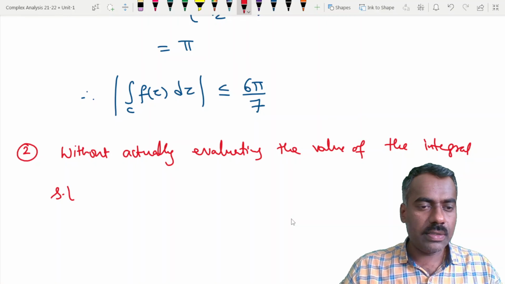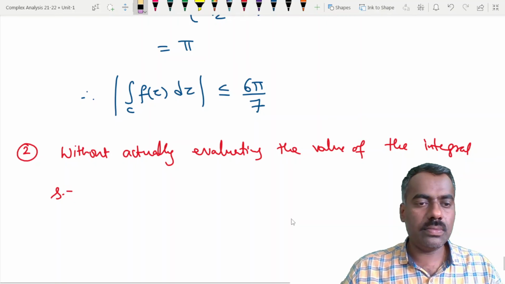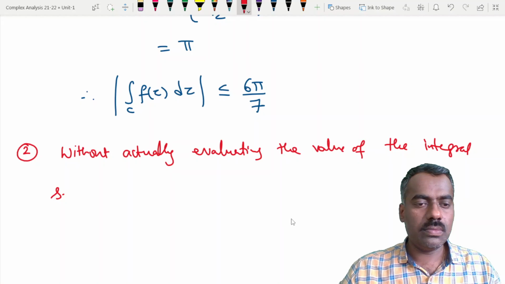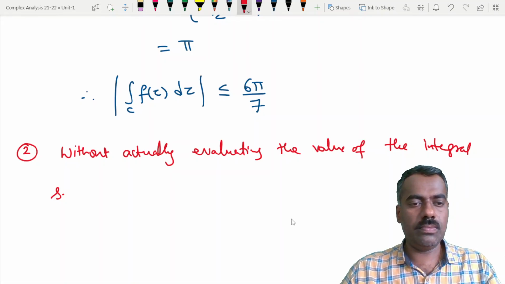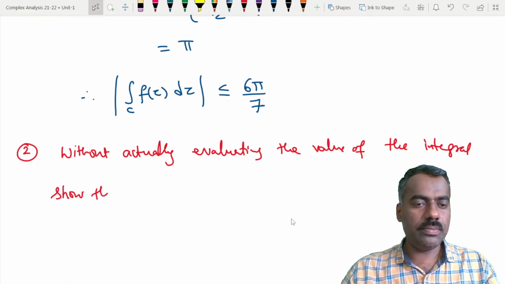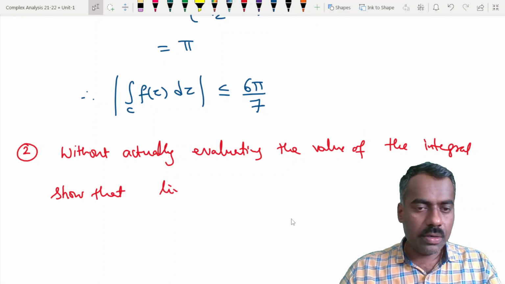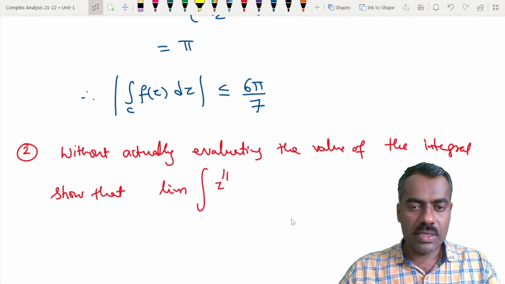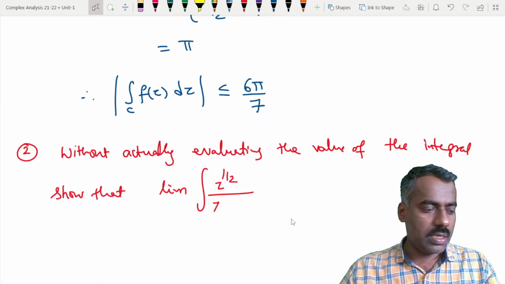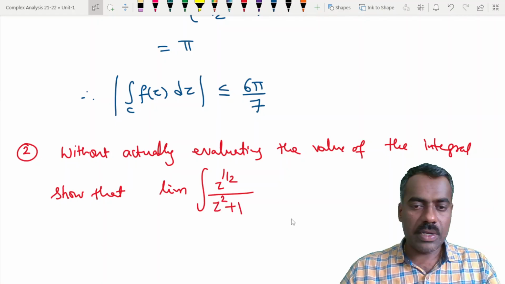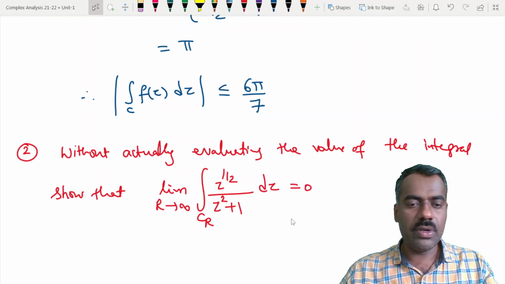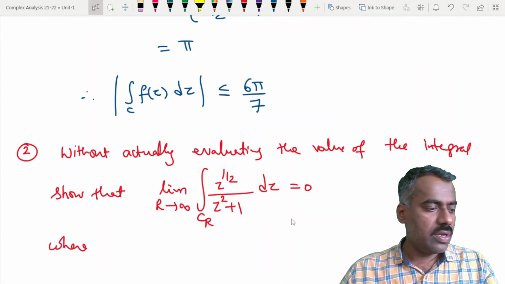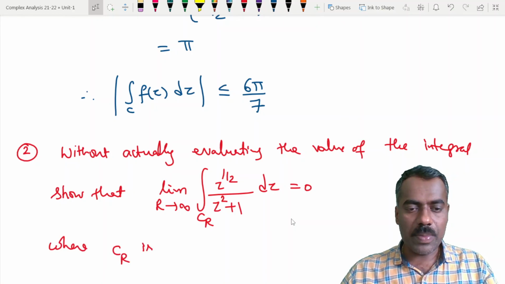show that the limit of the integral over C_R of z power 1/2 by z square plus 1 dz, as R tending to infinity, is 0, where C_R is the semicircular path.